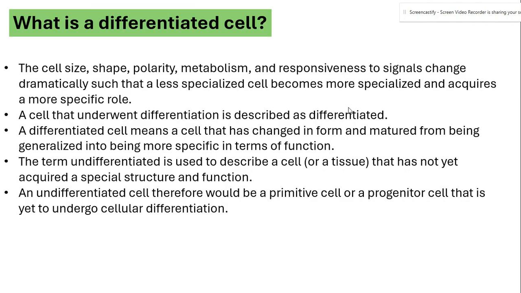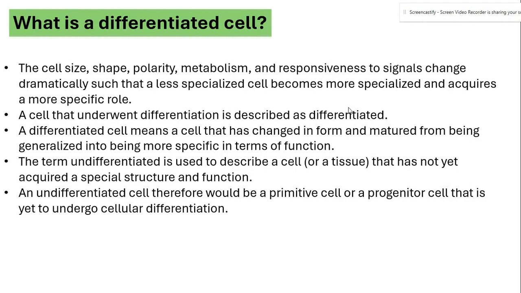The cell size, shape, polarity, metabolism, and responsiveness to signals change dramatically such that a less specialized cell becomes more specialized and acquires a more specific role. A cell that underwent differentiation is described as differentiated. A differentiated cell means a cell that has changed from a generalized form into a mature form that is more specific in terms of function.